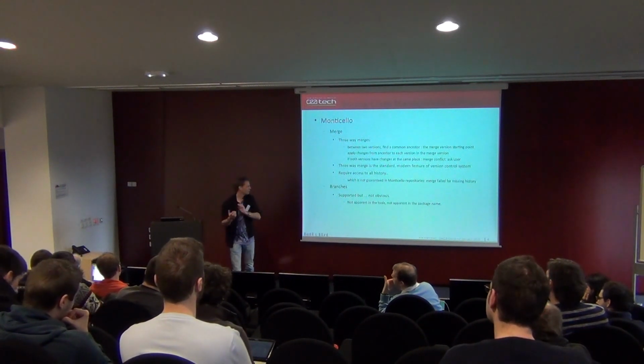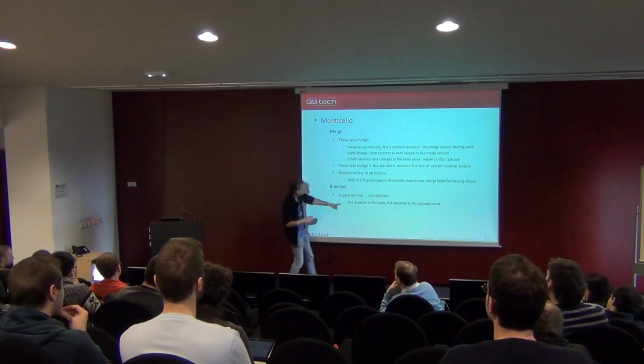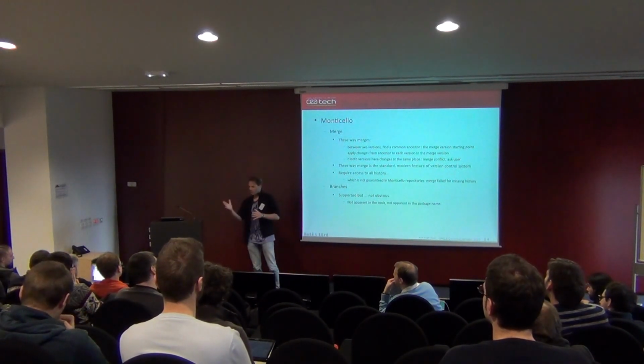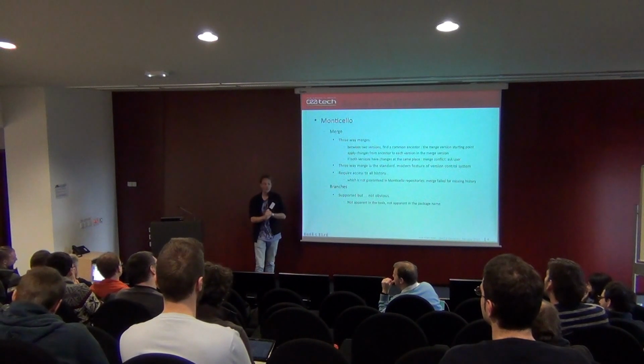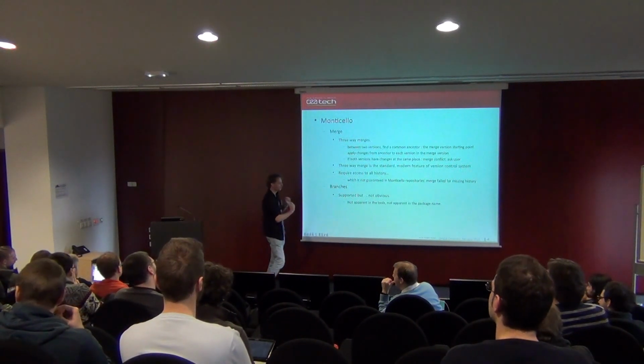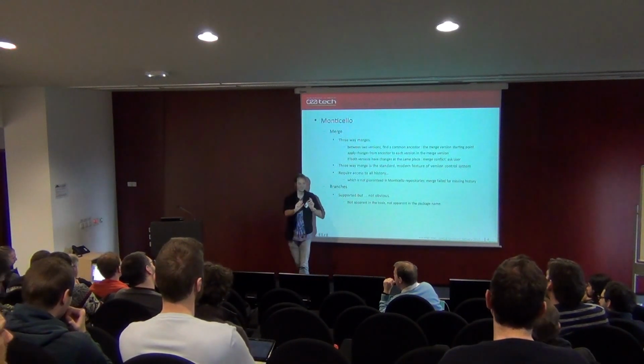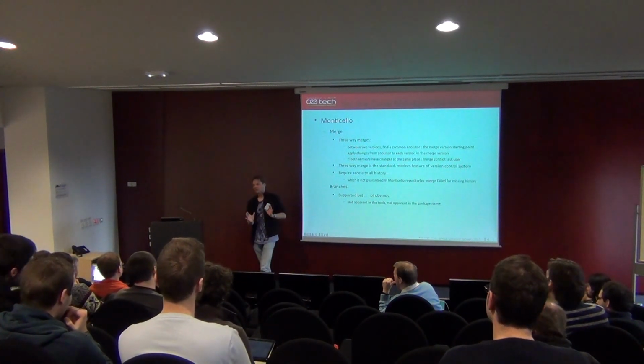I know Monticello supports that. And also, it's not apparent in the package name. Sometimes you're lucky, someone like Sven is very nice, and writes "experimental branch" in the comment linked to his version. But not everybody does that.